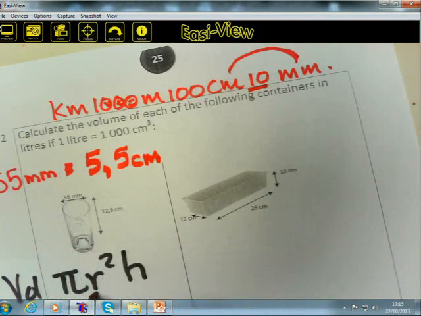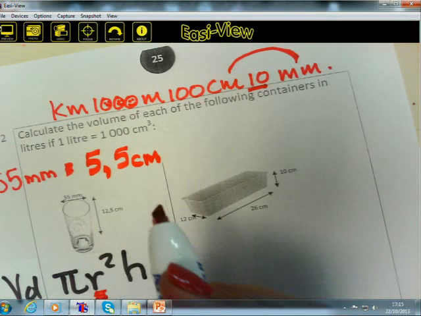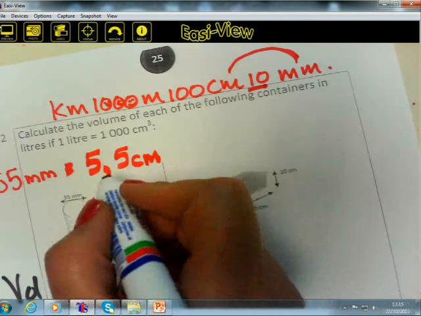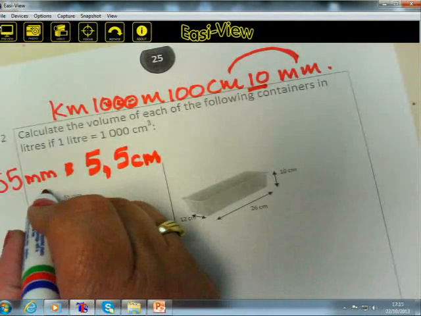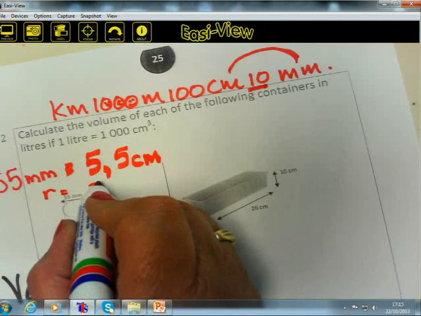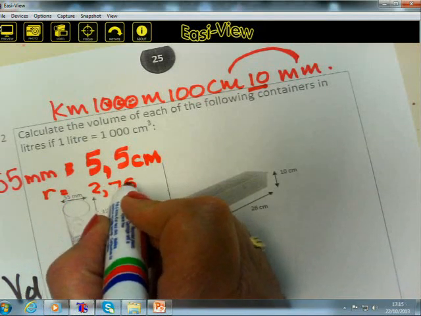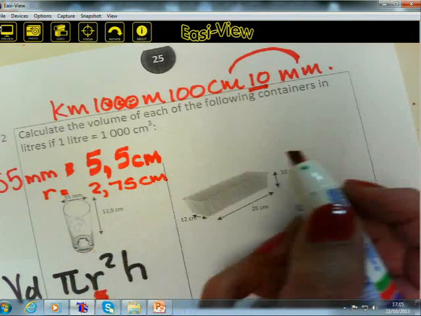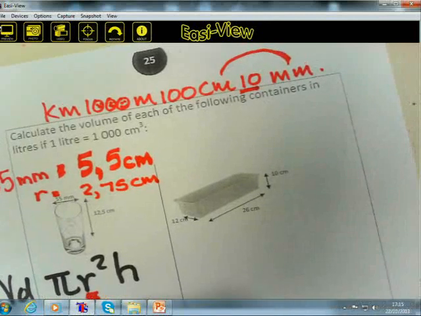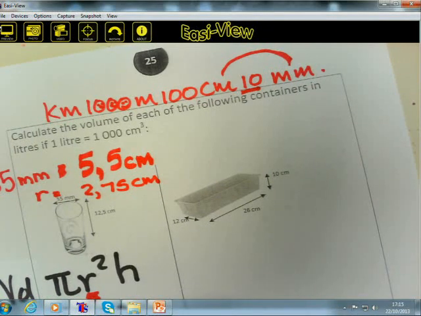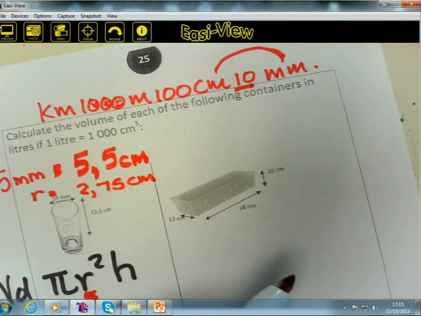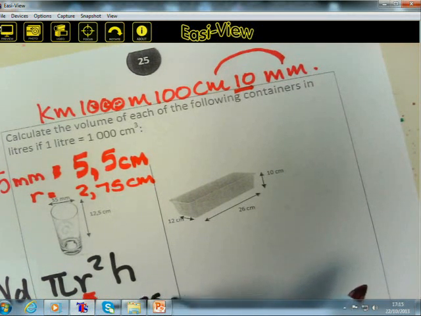But I want the radius. So let's get the radius by dividing by 2. So the radius is going to be 2,75 centimeters. So now in the place of the radius, I use 2,75.